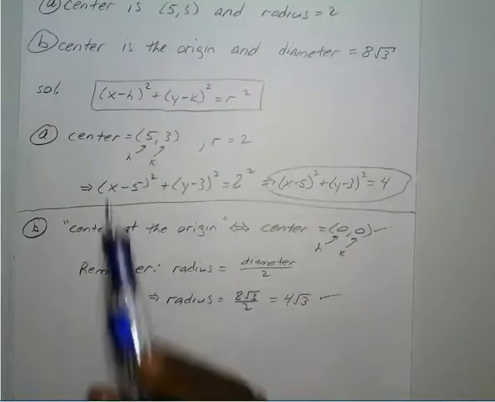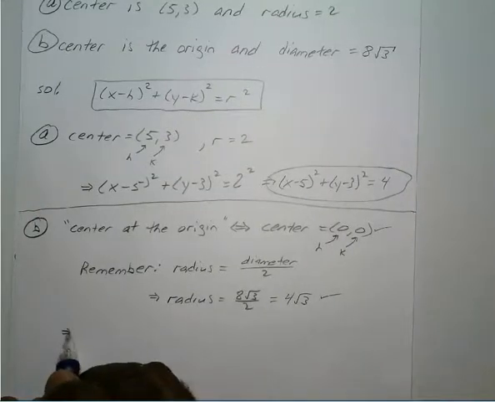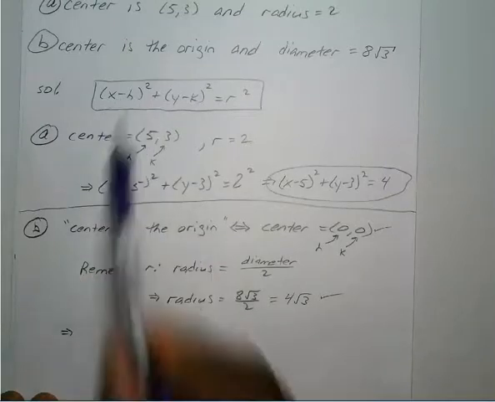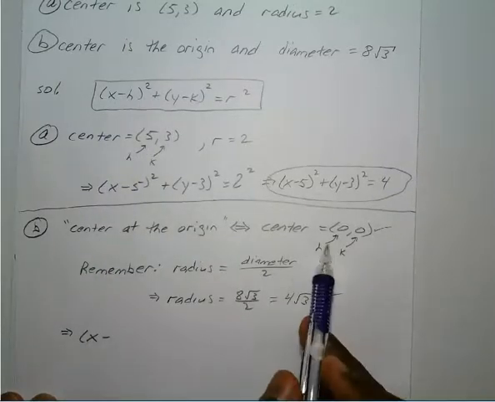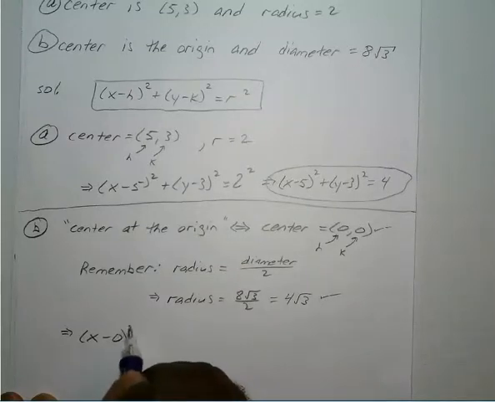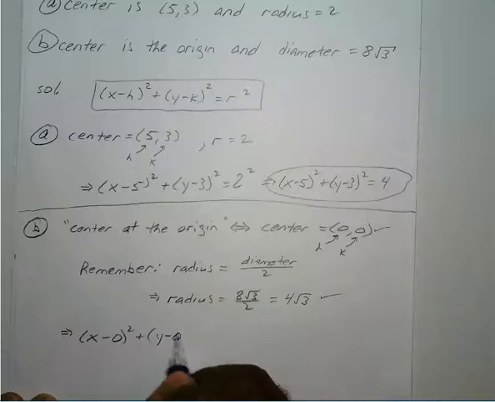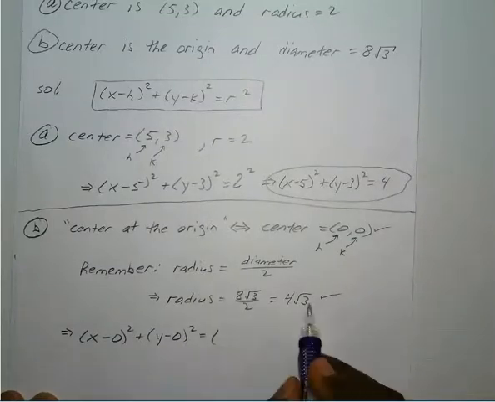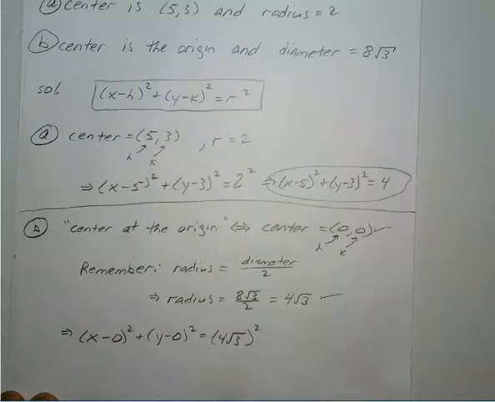So just like before, just go ahead and plug everything in. So you have your x minus h, so x minus h is 0 squared plus y minus k, y minus 0 squared, is equal to our radius squared, so 4 square root of 3 squared.